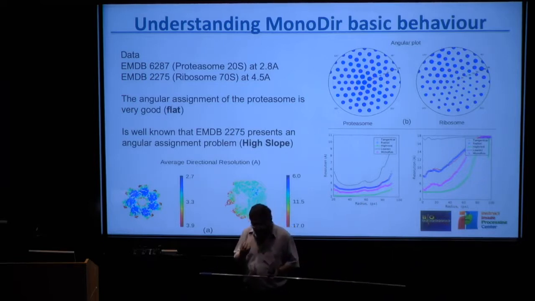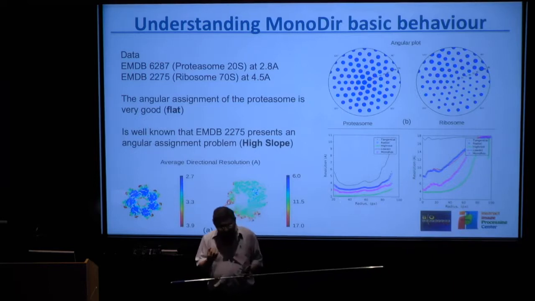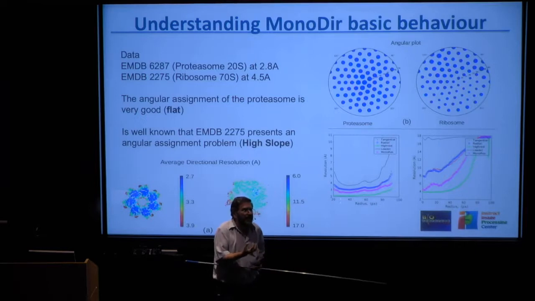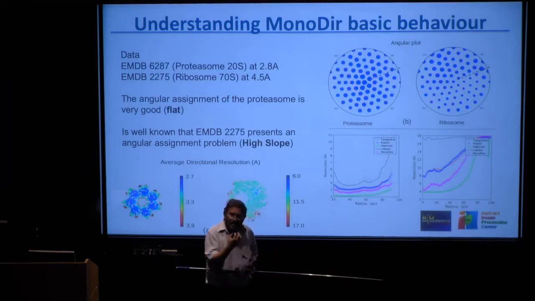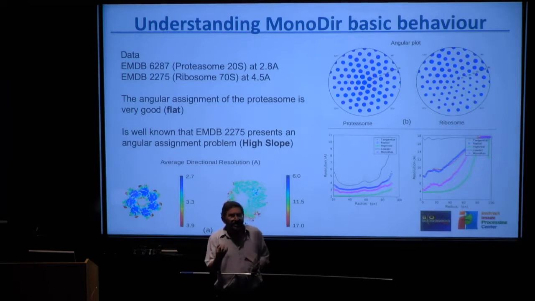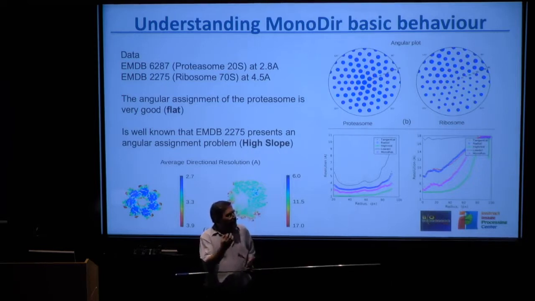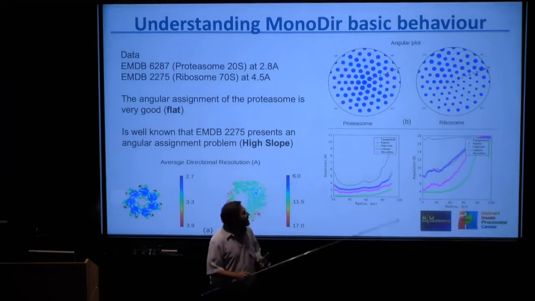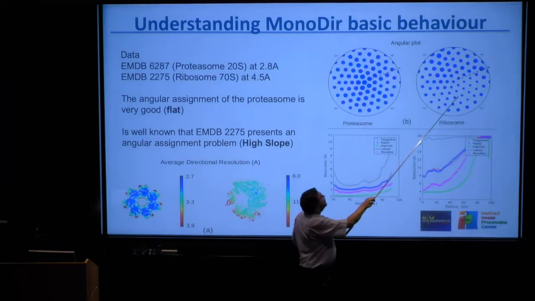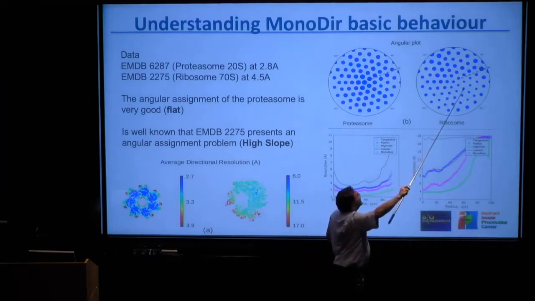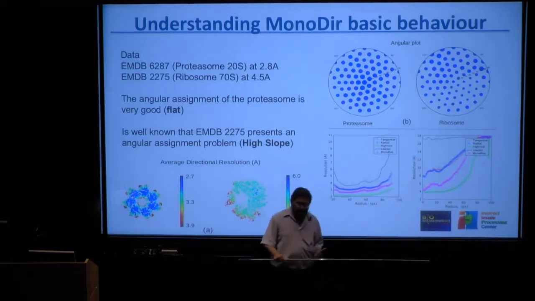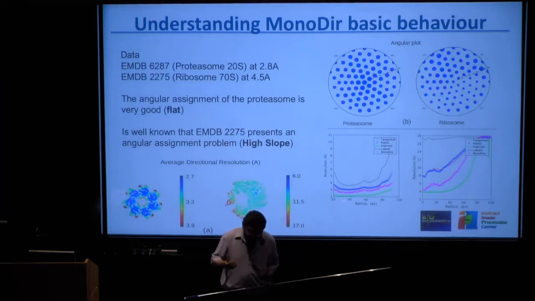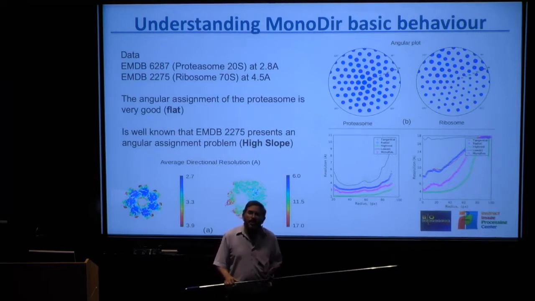I mean, the problem of angular assignment is complex and depends on the shape of your object. There are certain positions from which that shape makes it more difficult to see small changes than from other positions. And what I'm saying is that from a direction like that, I have a large spread of values of the maximum resolution along that direction.